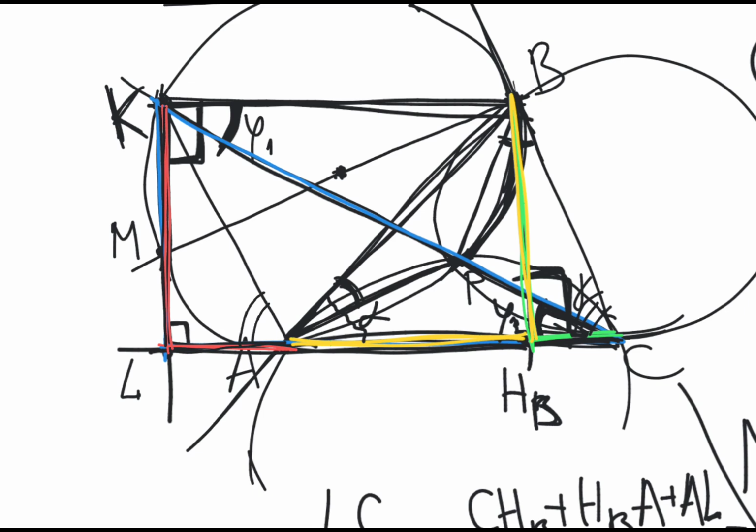But what is this angle? Actually, because of the parallel lines, LC is parallel to KB, right? So this angle is equal to this angle.